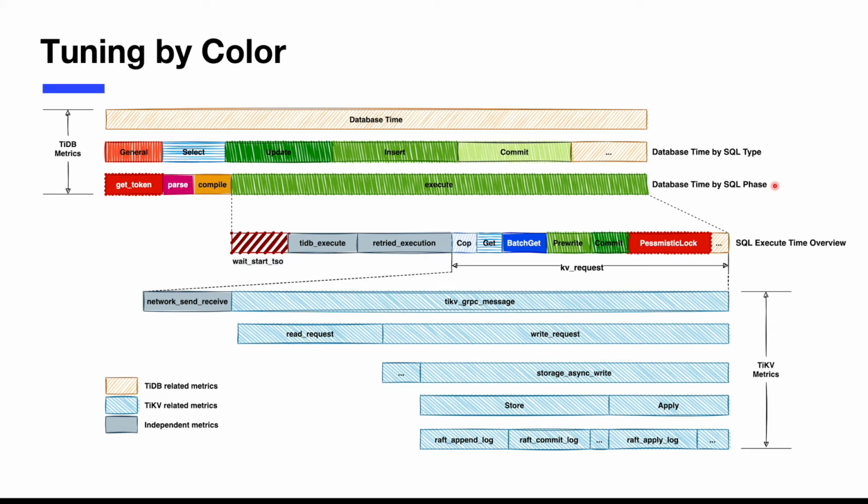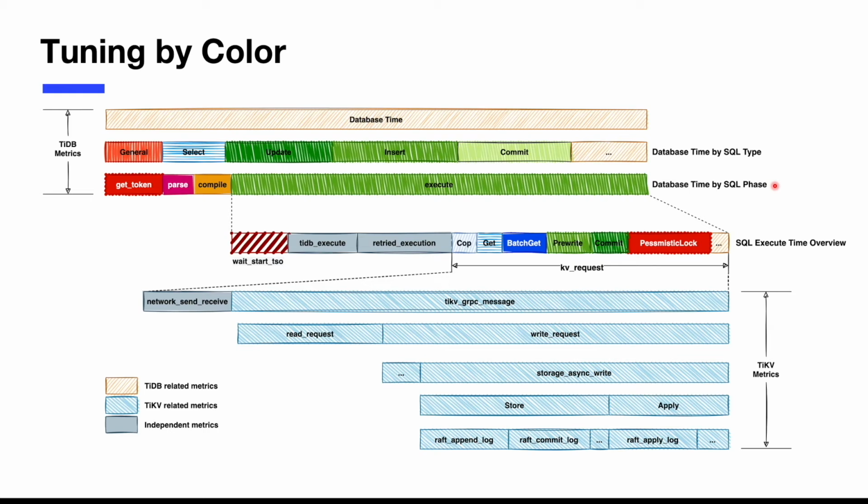And we expect the execute time to take a significant part in this chart. So we mark other SQL phases in unfriendly colors, right? Like red, pink, or orange. When you see colors other than green in this chart, you should be on alert too.